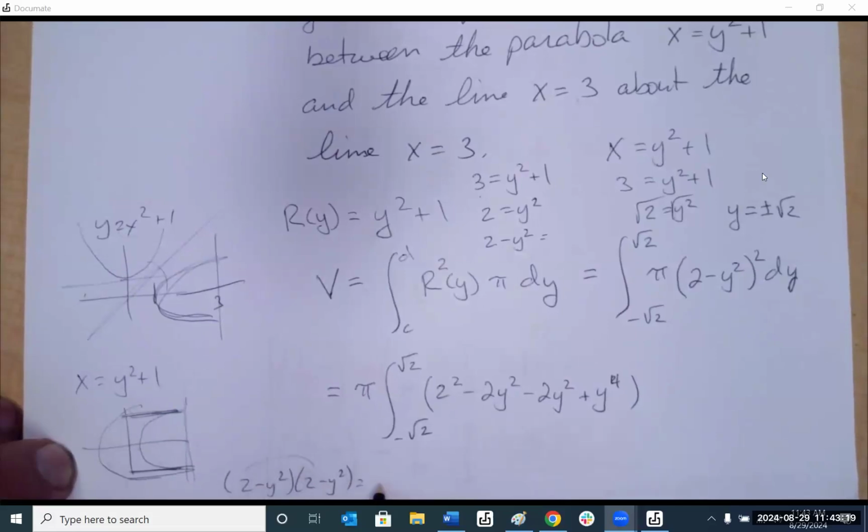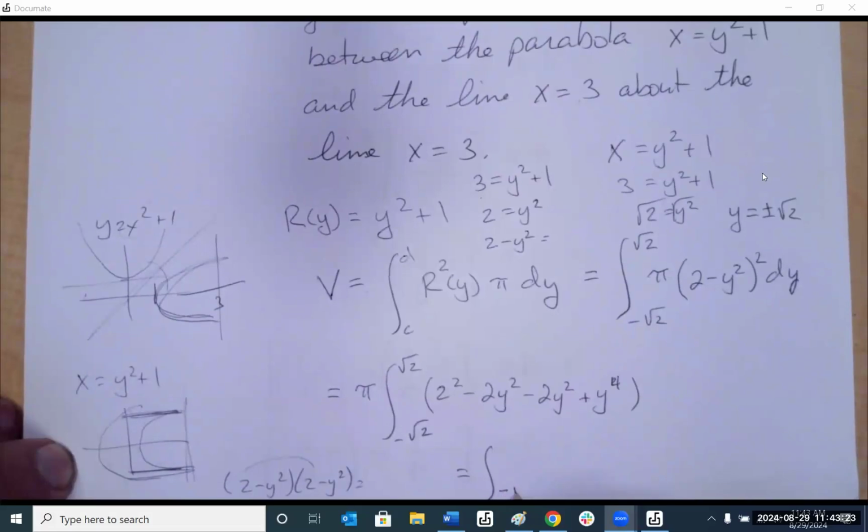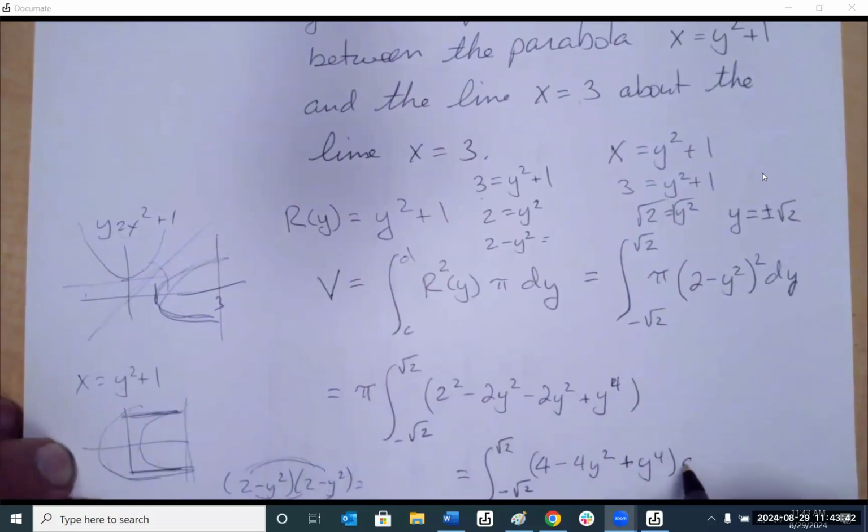We got 2 times 2 is 4. Negative 2y squared is negative 4y squared. Negative and negative is a positive. Y squared times y squared is y to the 4th.